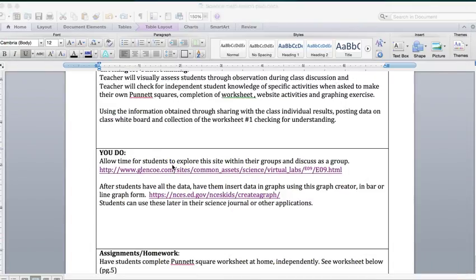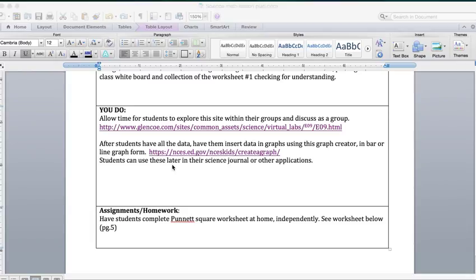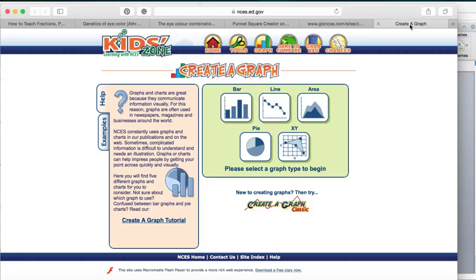At that point, you're going to have this discussion, or they're going to discuss it within their group. After the students have collected all this data, the last thing you're going to do is, because the data will be established on the whiteboard, or as I said, you're going to have them put this in their science notebook.